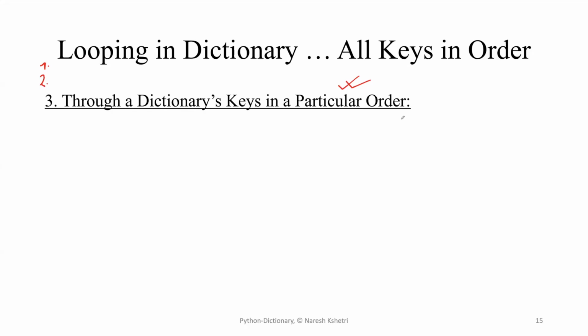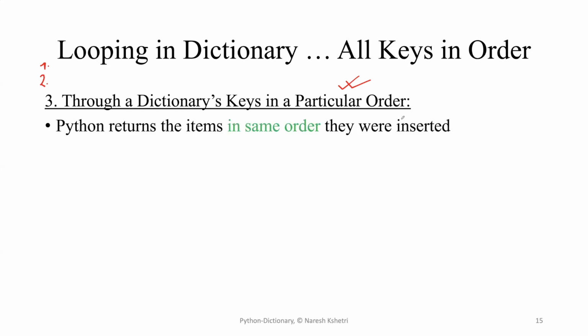Python returns the items in the same order that they were inserted, as k1 v1, k2 v2, key 3 value 3, and so on.